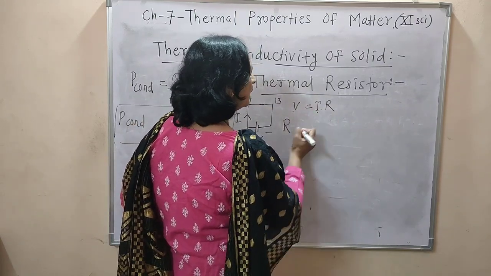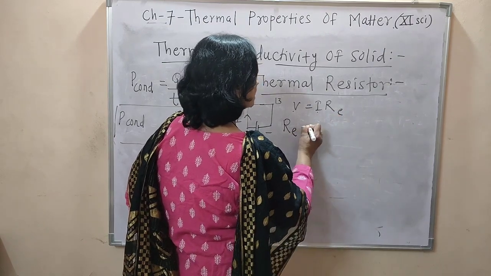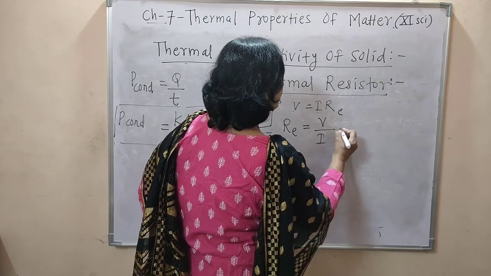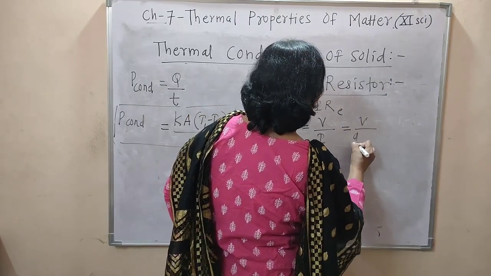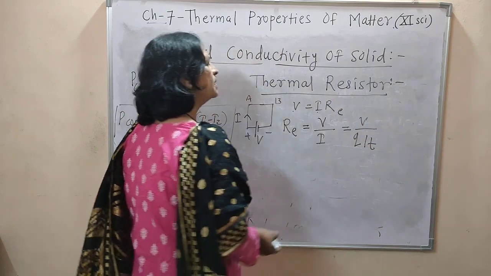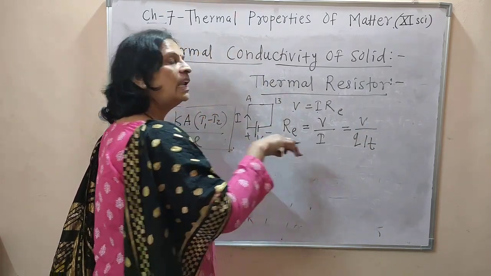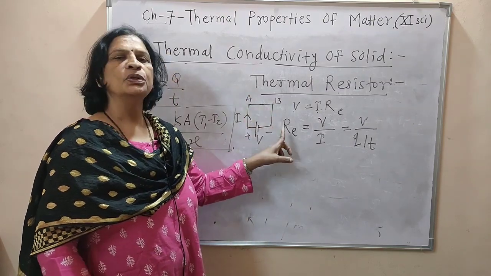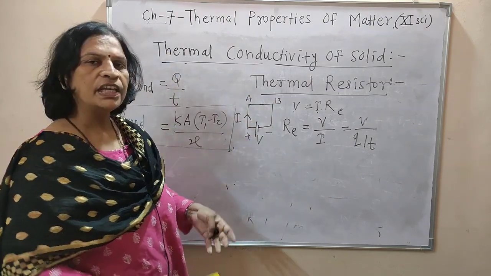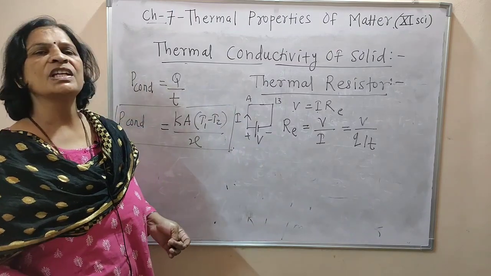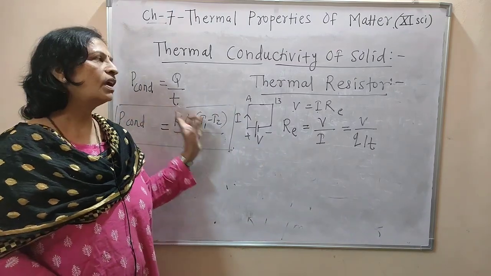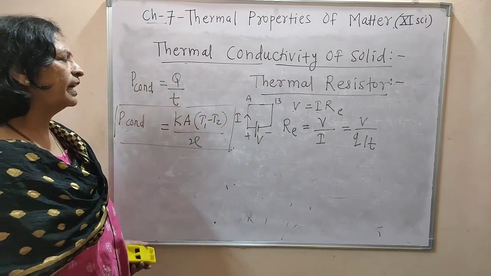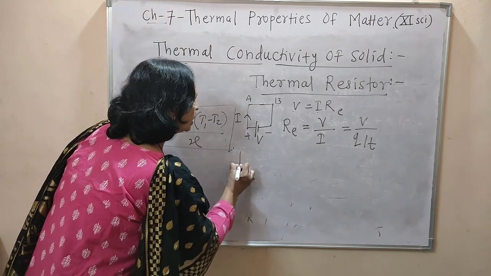Therefore electrical resistance is nothing but the potential difference divided by current, and current is nothing but the rate of flow of charge. This is the formula to calculate the electrical resistance. Means when current flows, the factor that opposes it is the electrical resistance. Then when heat flows, the factor that opposes it is called thermal resistance, and when heat flows through here, the factor opposing it will be the thermal resistance.